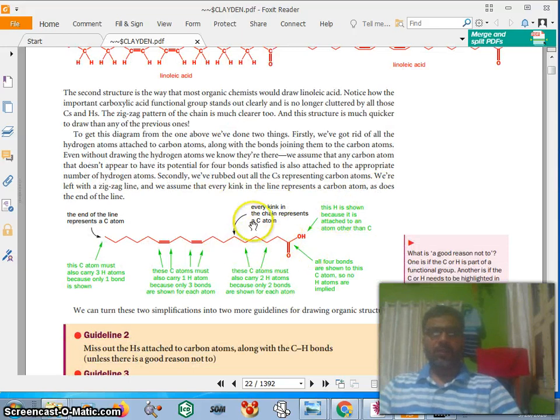So the end of the line represents a carbon, this one. This is the double bond, and every kink in the chain represents a carbon atom. This kink, this kink, this kink, this kink, and this hydrogen is shown because it is attached to an atom other than carbon, you see. So that's why we have shown it here. All four bonds are shown to this carbon atom, so no hydrogen atoms are implied. So 1, 2, 3, 4, and this is the carbon atom.